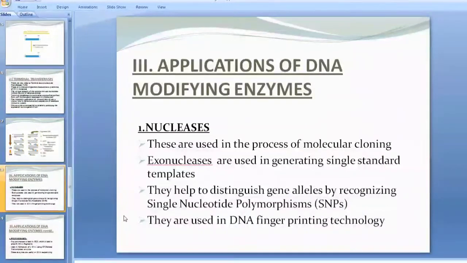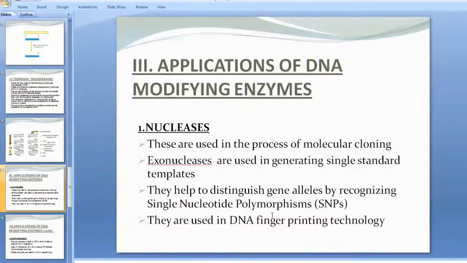Okay, the last part, the applications of DNA modifying enzymes. Already I explained briefly, but let us see one by one some more applications about the DNA modifying enzymes. The first one, the nucleases. As I told, these are the two types. One is exonucleases and another one is endonucleases.